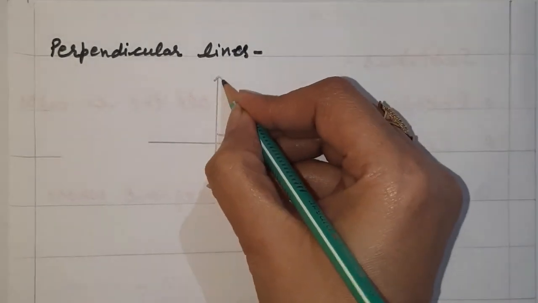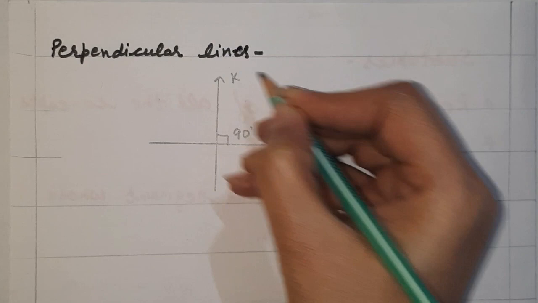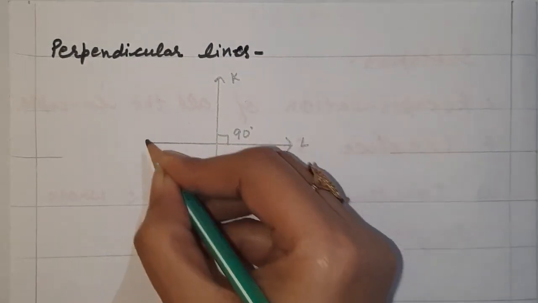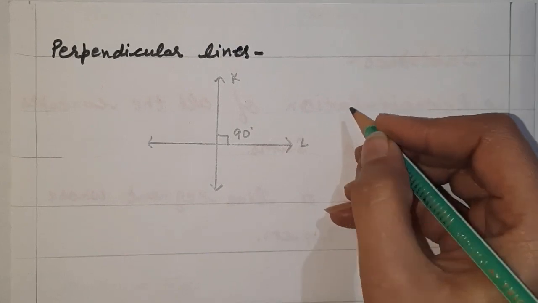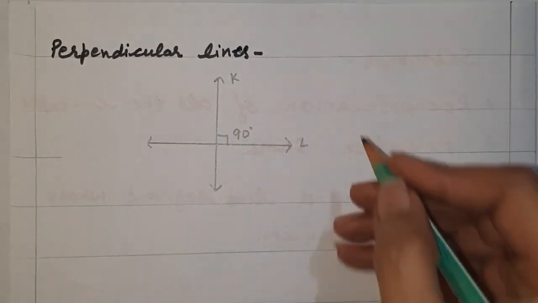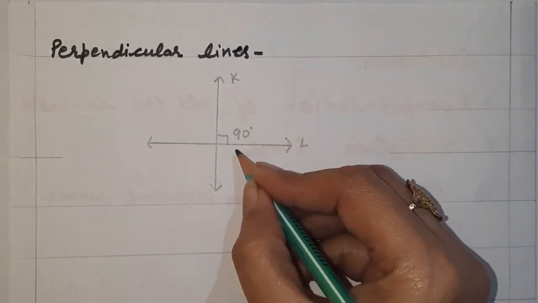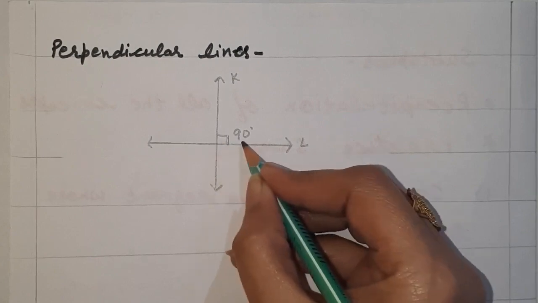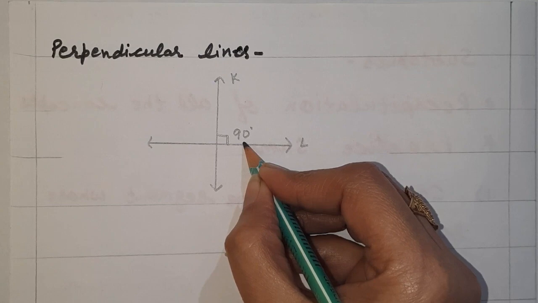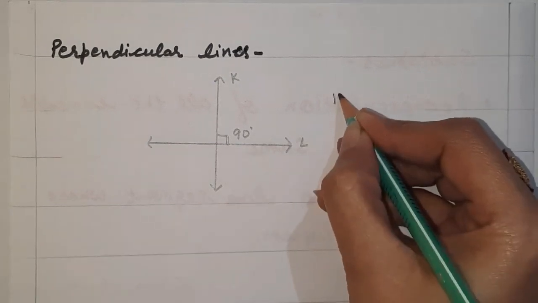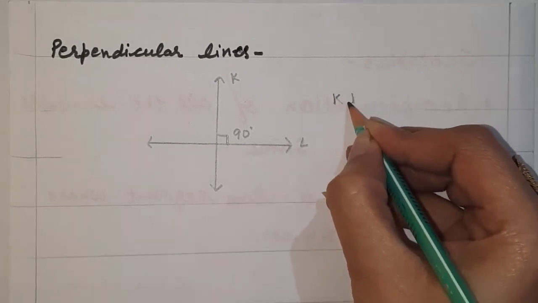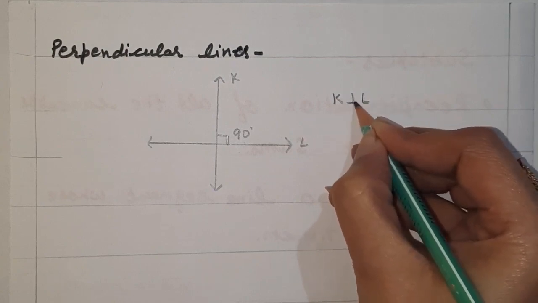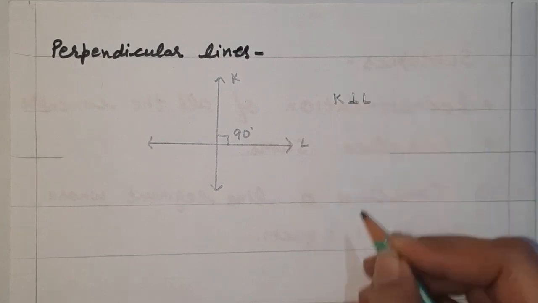So we can say line K is perpendicular to line L because the angle formed by the intersection is 90 degrees. Got it? So line K is perpendicular to line L. This is the symbol of perpendicular.